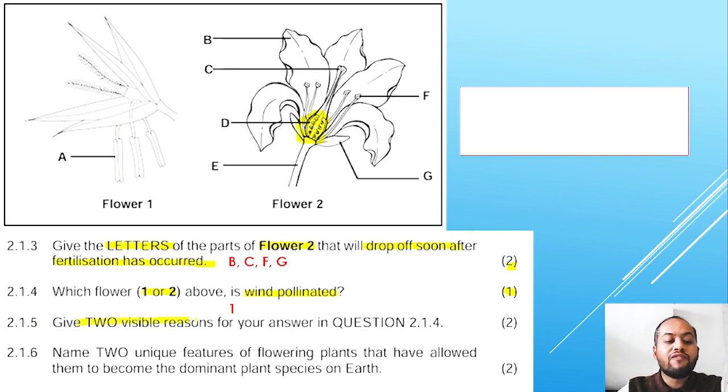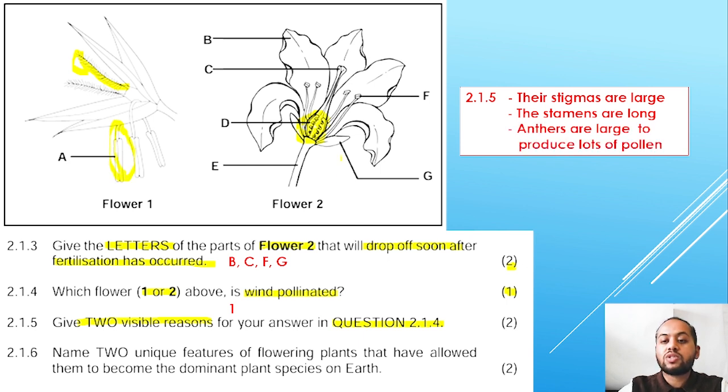2.1.5, give 2 visible reasons for your answer in question 2.1.4. I just mentioned that you can see the anthers are hanging on the outside. The stigmas are also very large so that they can receive the pollen. The stamens are also long, so the entire male reproductive structure is long.